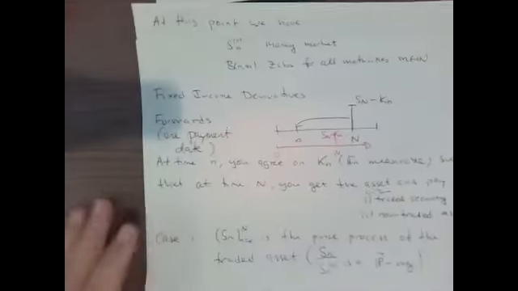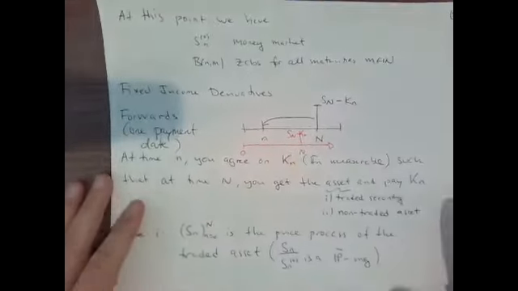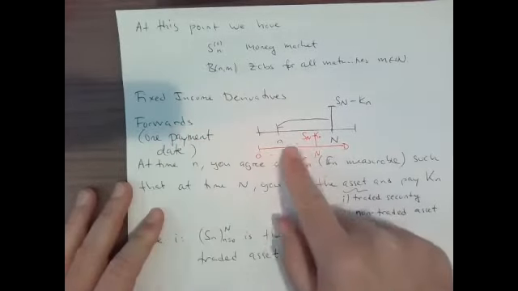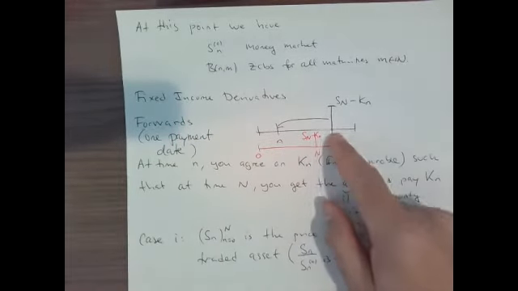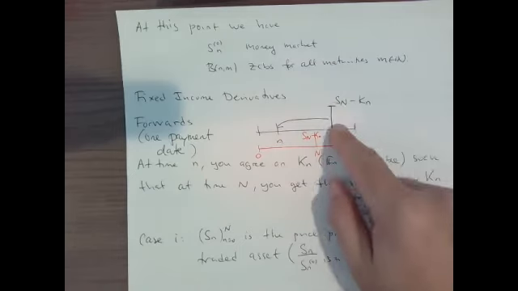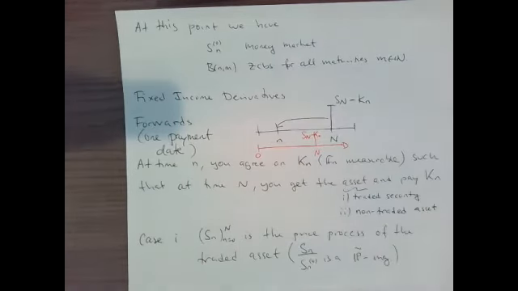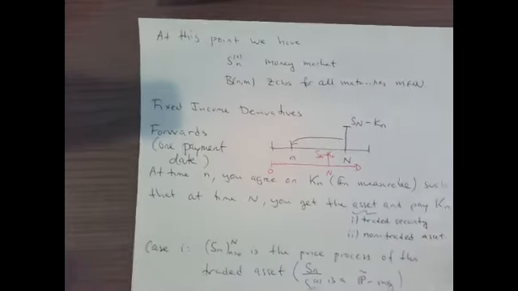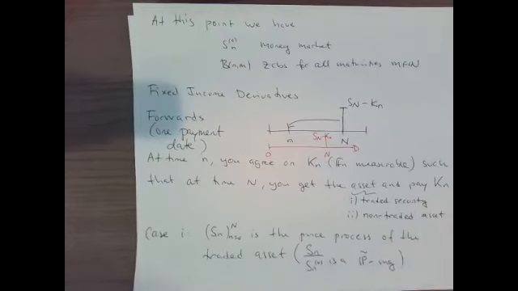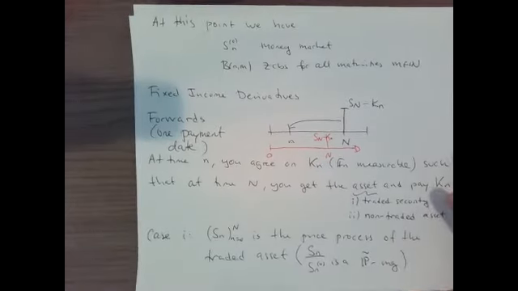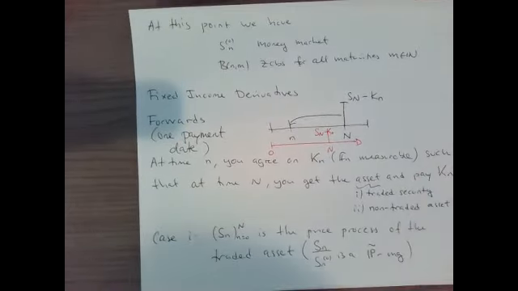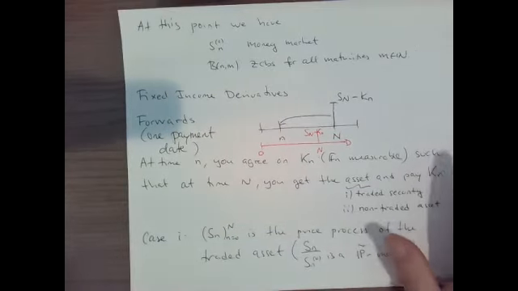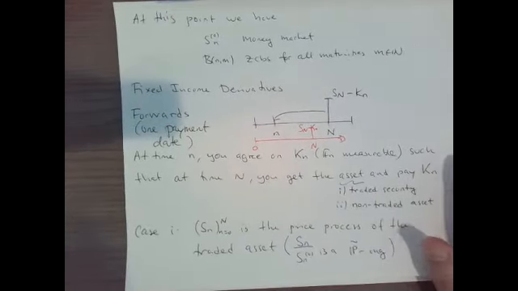Recall here with the forward, there was just one payment, right? There was this one block where there would be a payment. So now with the futures contract, this is different, and there's a standing joke that the difference between futures and forwards is trust.